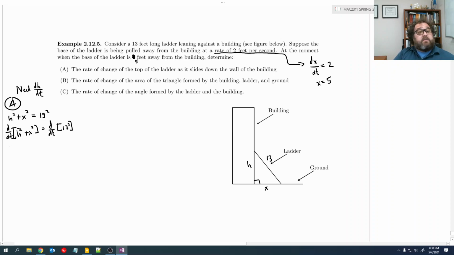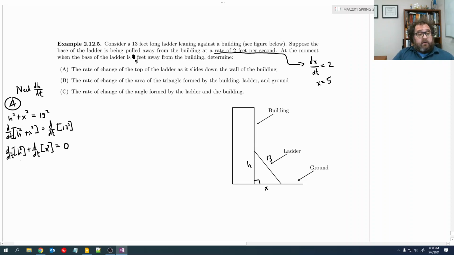Of course, that means that we take the derivatives on the left. There's two of them. We use the sum difference rule to take them individually. So d/dt of h squared plus the derivative with respect to t of x squared. And the right-hand side, the derivative is 0, because 13 squared is a constant.